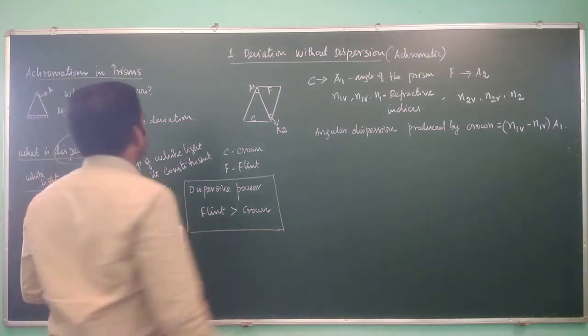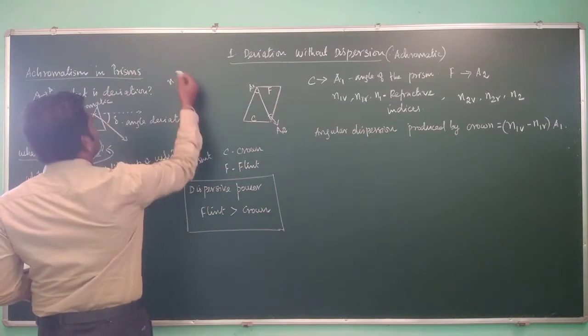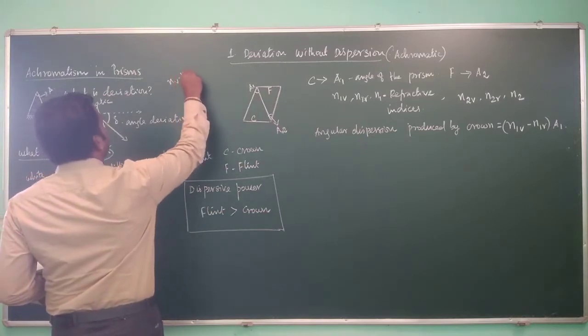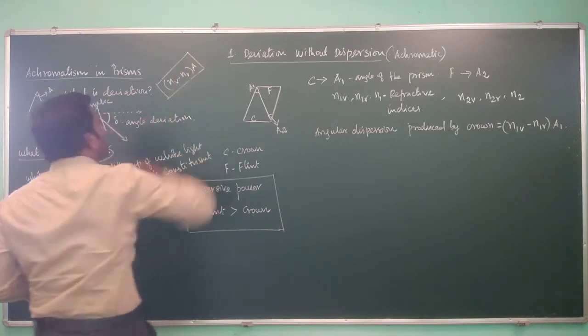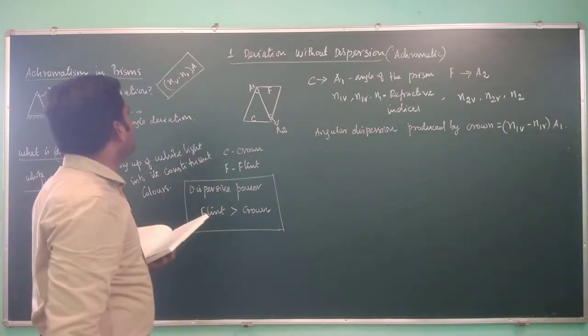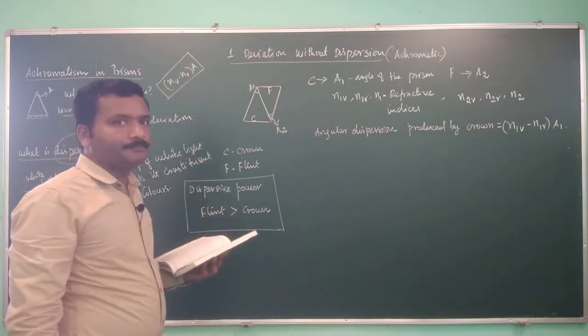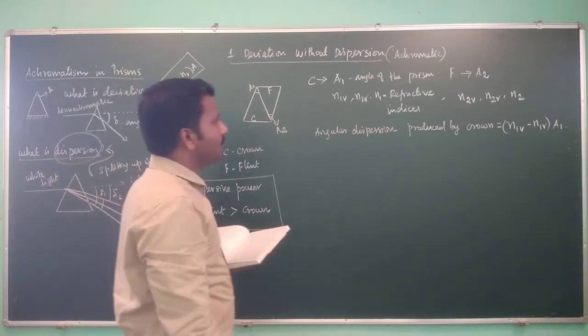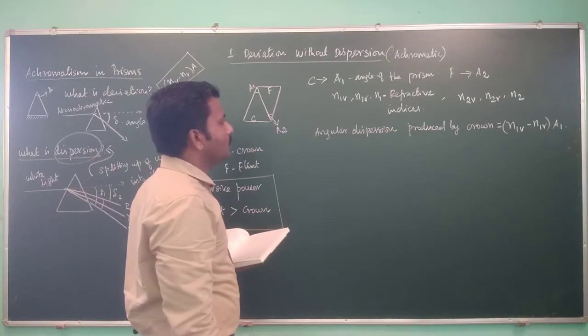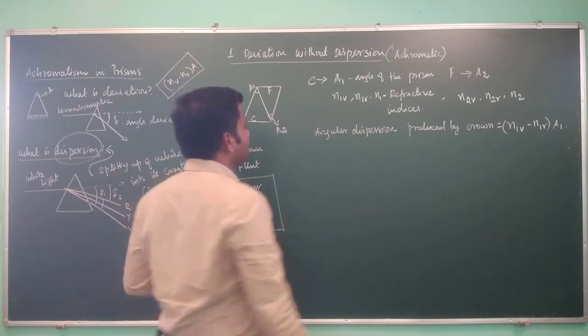That is, the equation for angular dispersion is NV minus NR multiplied by A for a particular prism, if we are writing it for violet and red color. In that way, angular dispersion produced by crown prism is N1V minus N1R multiplied by A1.